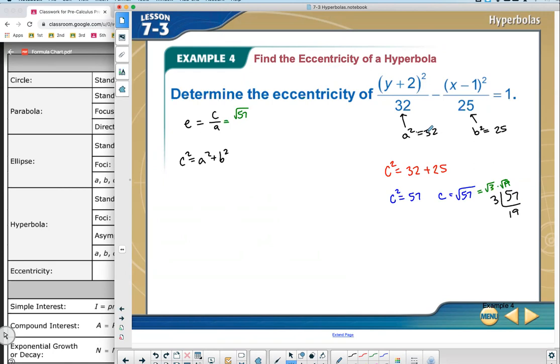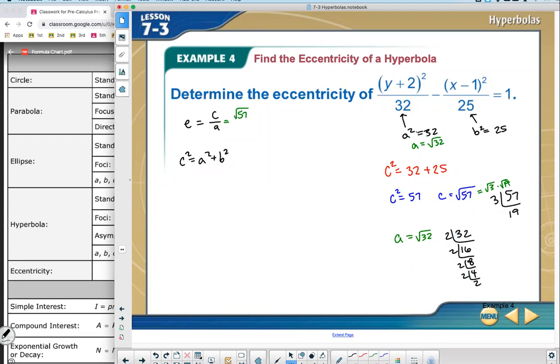A, on the other hand, would be the square root of 32. But that can be reduced. Let's say a equals the square root of 32. If I did upside down division here, 32, the prime number 2 can go into 32 16 times. And I could do a shortcut here and say that's going to be 4 and 4. But I'll continue on using prime numbers. 2 goes into 16 8 times. 2 goes into 8 4 times. 2 goes into 4 twice.